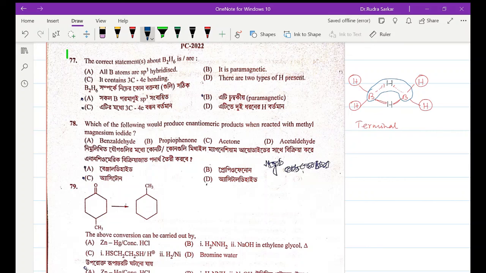This is called the banana bond. True, true. All the B atoms over here are sp3 hybrids. Yes, this is also true. The molecule is not paramagnetic, rather it is diamagnetic.